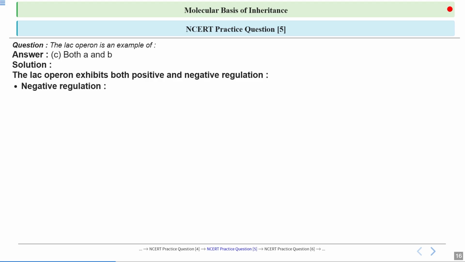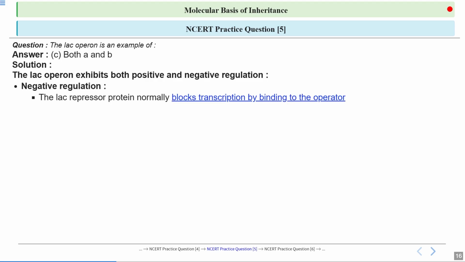Let's talk about negative regulation. What happens in negative regulation? The repressor protein inhibits transcription by binding to the operator region. When the repressor binds to the operator region, the RNA polymerase cannot bind to the promoter region, so this prevents transcription.